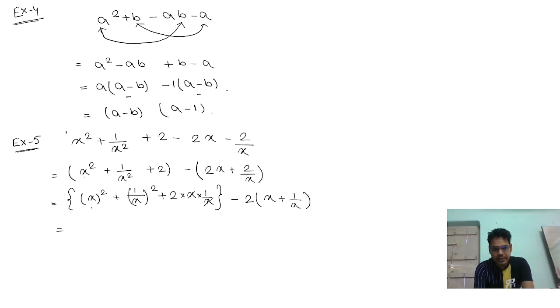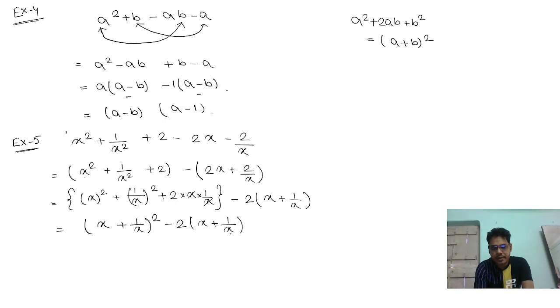Now we know that a square plus 2ab plus b square is equals a plus b whole square. So here we will put the same thing here. A is x, b is 1 by x. So x plus 1 by x whole square minus 2 into x plus 1 by x.